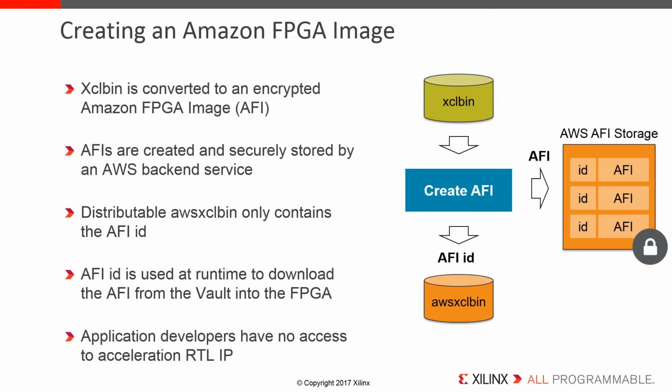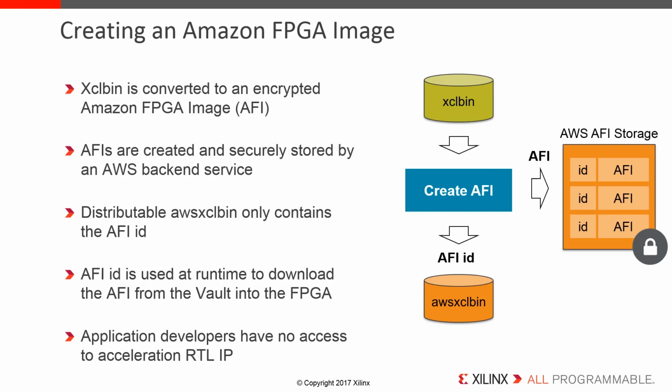The final step is to create the special AFI, or Amazon FPGA image. Here, the XCL bin is converted to an encrypted AFI using a special AWS service. The resulting AFI is securely stored by an AWS backend service. The AFI can be identified and accessed using a unique AFI ID.